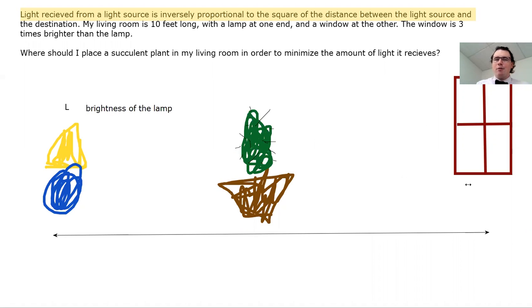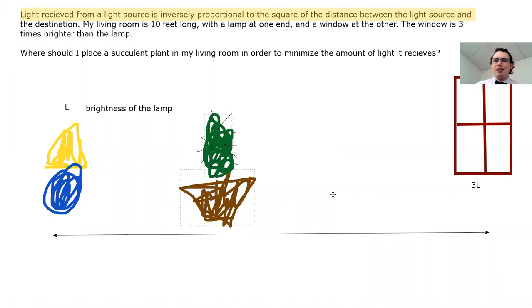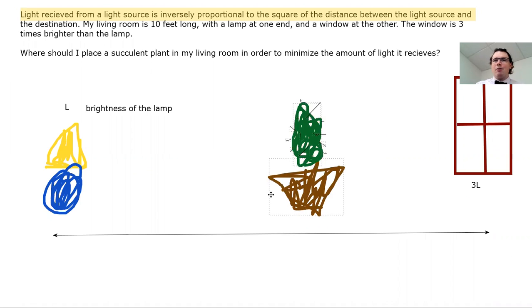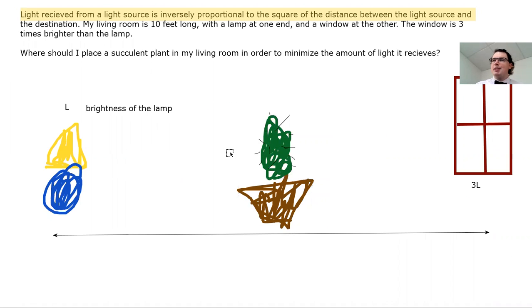And I know from the statement of this problem that the window is actually 3 times as bright as the lamp. Okay. So now wherever I put my plant between the window and the lamp is going to determine 2 different distances.